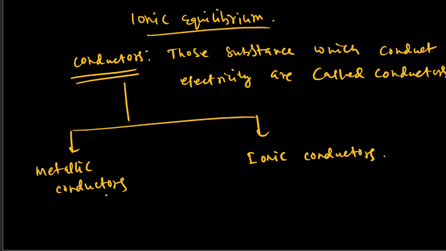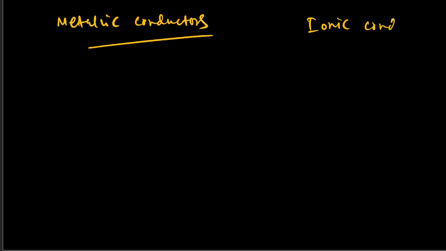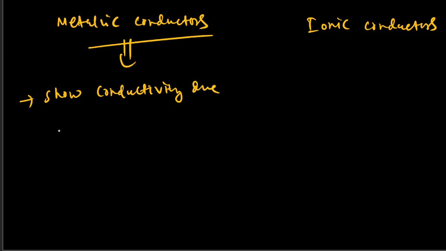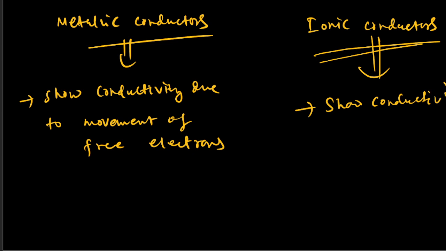Metallic conductors show conductivity due to movement of free electrons, and ionic conductors conduct electricity due to movement of free ions.